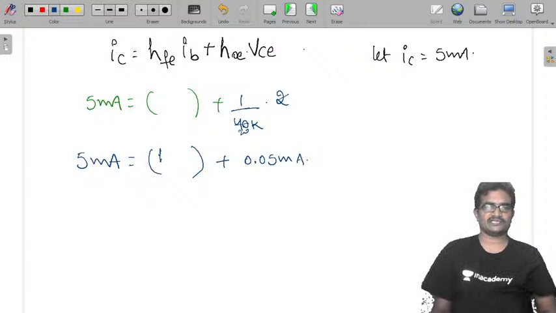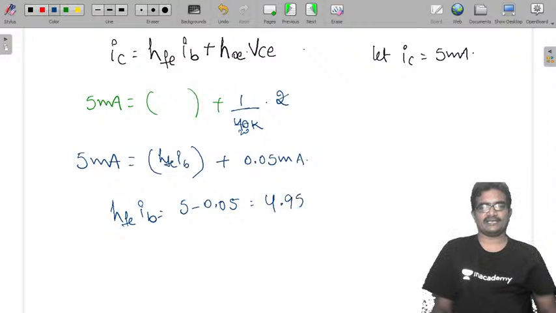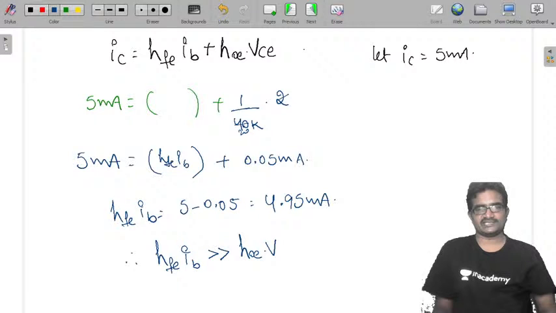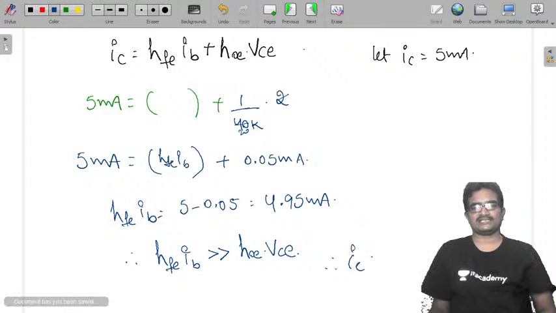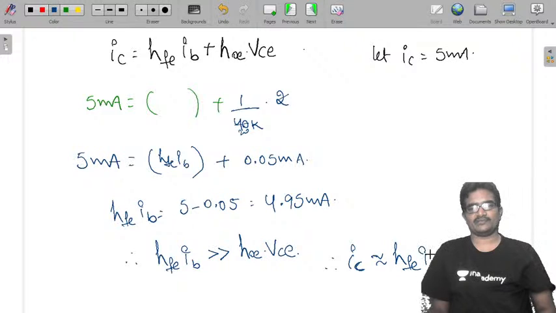Now the value of this HFE into IB is 5 minus 0.05, 4.95 milliamperes. Therefore, HFE into IB is much greater than HOE into VCE. Because of that, I am taking IC is approximately HFE into IB.